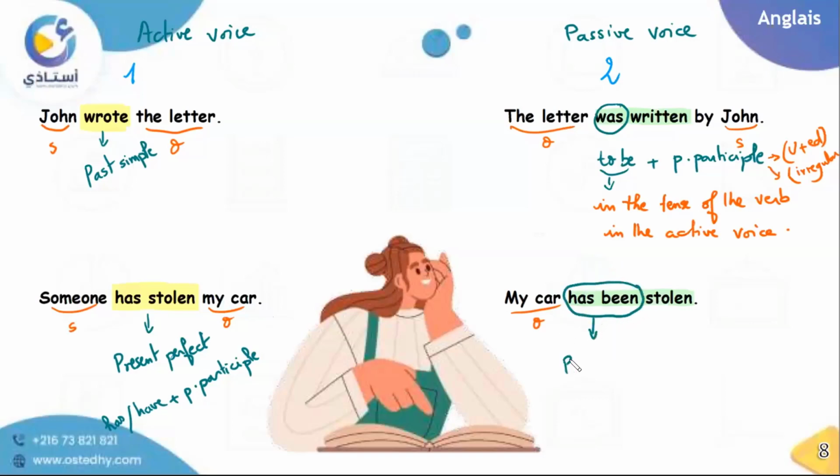It's in the present perfect. This is in the past simple as the active verb, wrote, was. Has stolen, present perfect. Has been, present perfect. Plus the past participle. Here it's irregular, and that's why it ends in en or n. Okay?